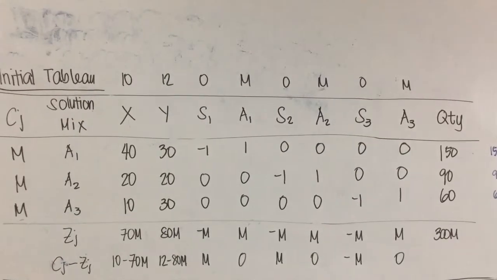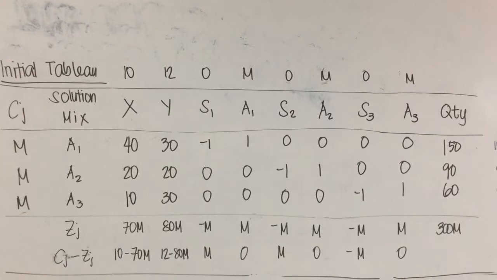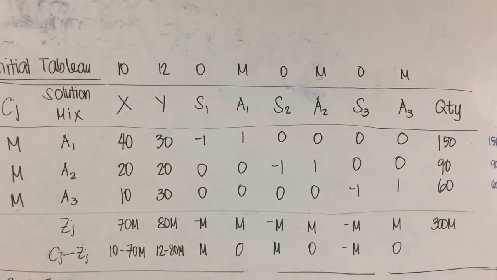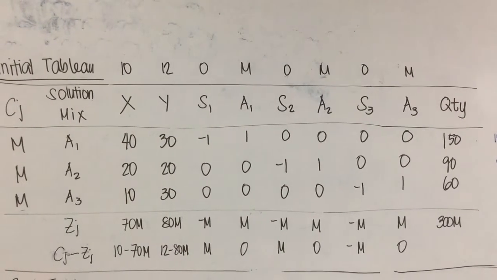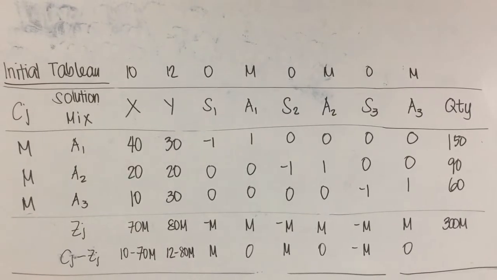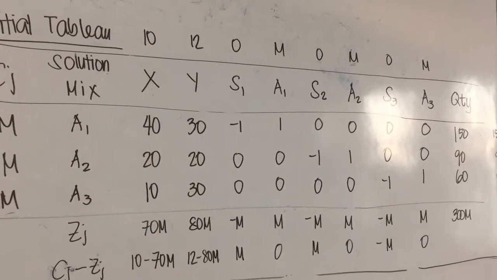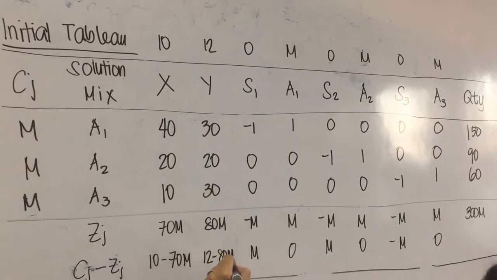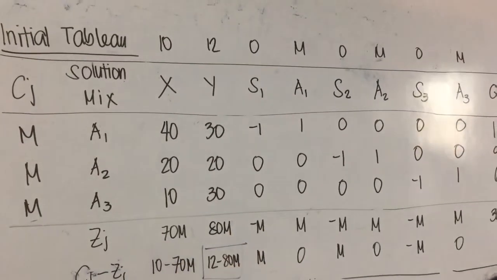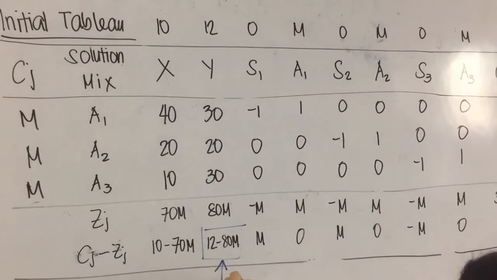One of the differences between minimization and maximization problems is that you choose the highest negative value in Cj minus Zj for the pivot column. In here, the highest negative is this one. This will become our pivot column.